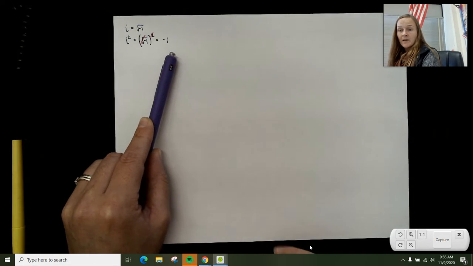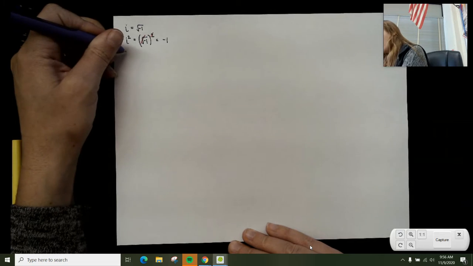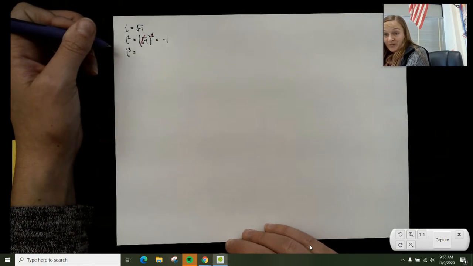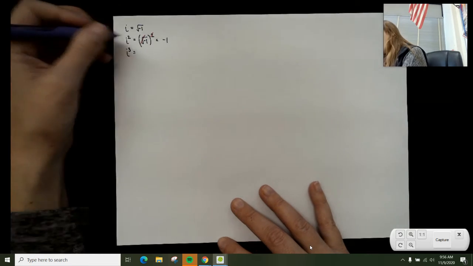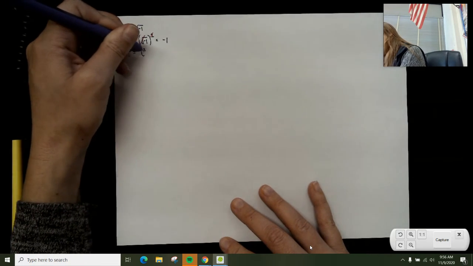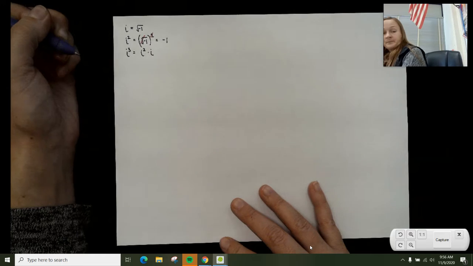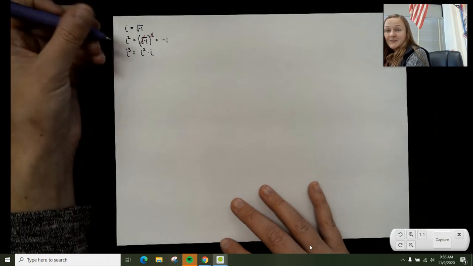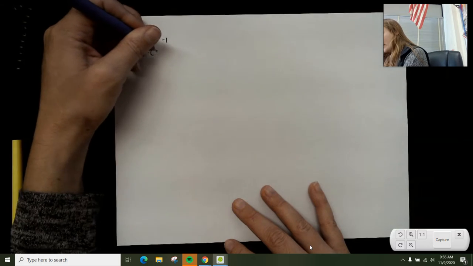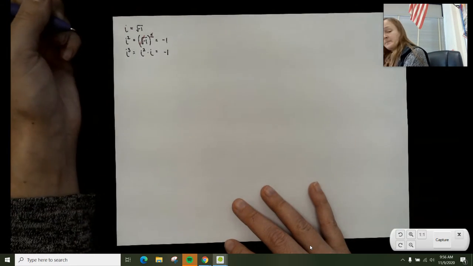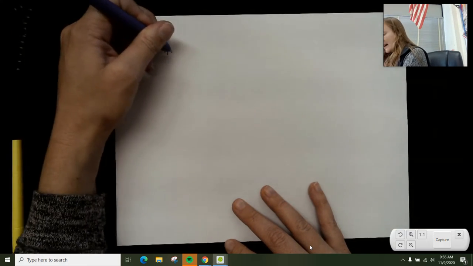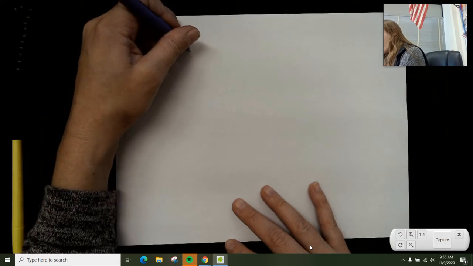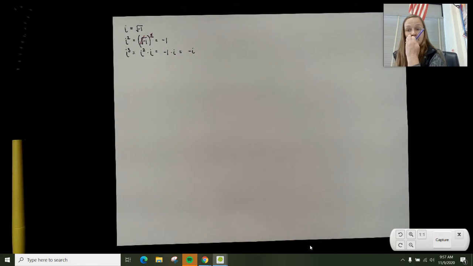That's part of that note on that last page. So now I'm going to think, okay, what does i cubed equal? Now think exponent rules. i cubed is equal to i squared times i, right? Because 2 plus 1 is 3. So now i squared, I just said, was equal to -1 times i. So i cubed equals -i.